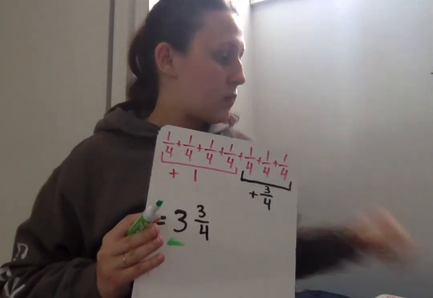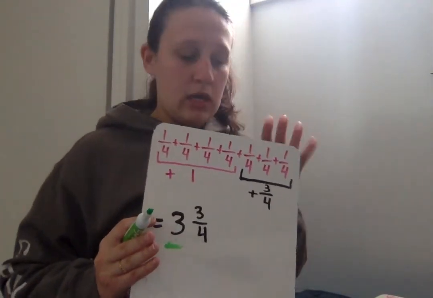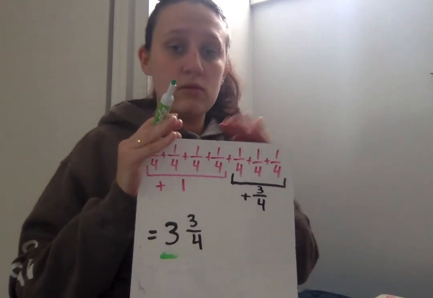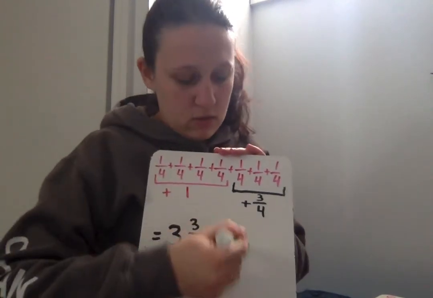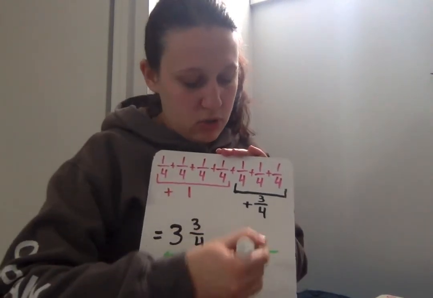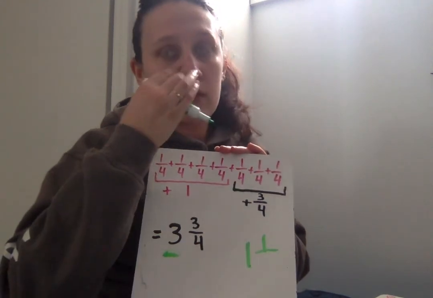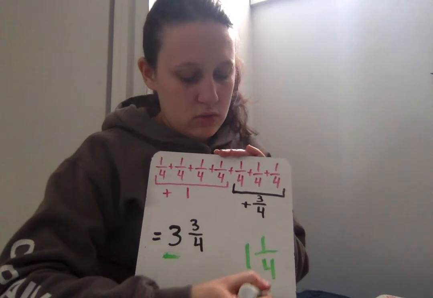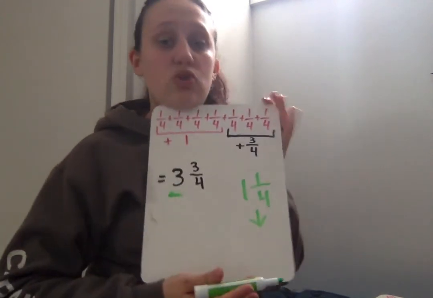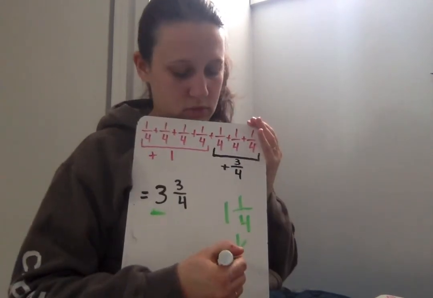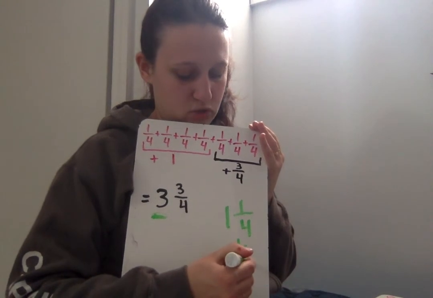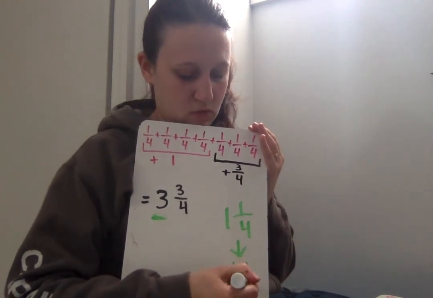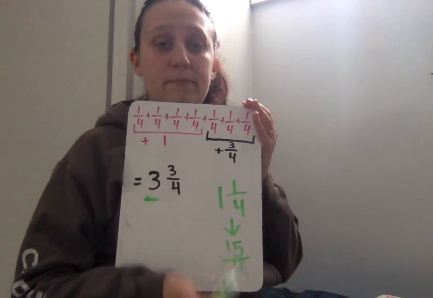All right? So when we're solving this, step 1 is changing the mixed number into an improper fraction. So we made it 5/4, right?